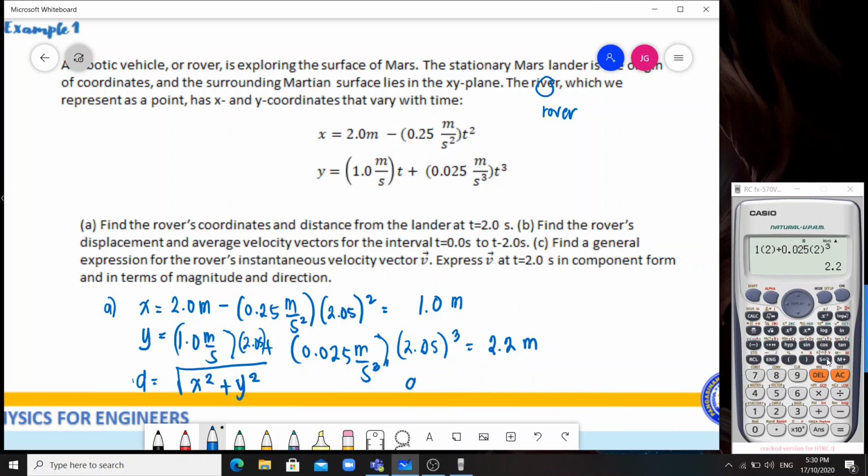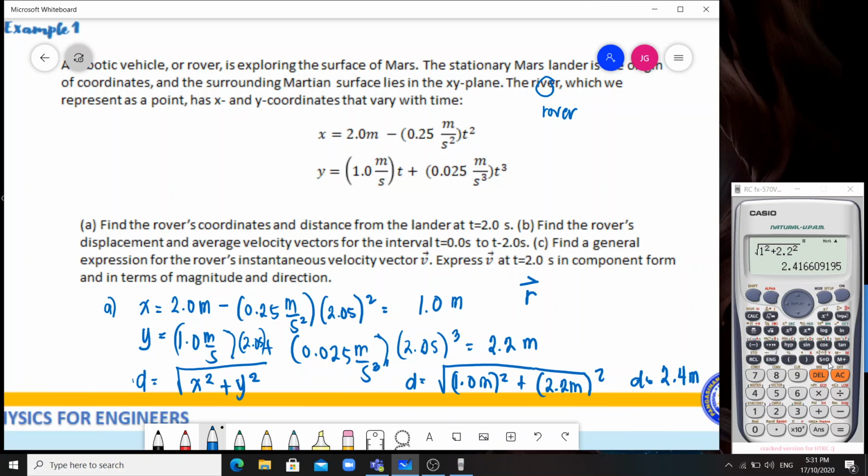So this distance is equivalent to the square root of 1.0 meter squared plus 2.2 meter squared. So we have here 2.4 meters.